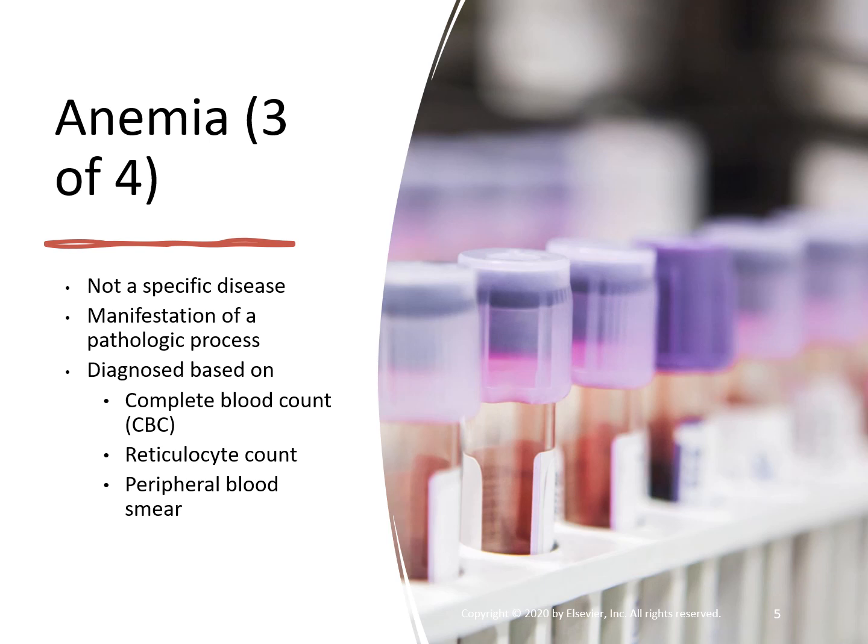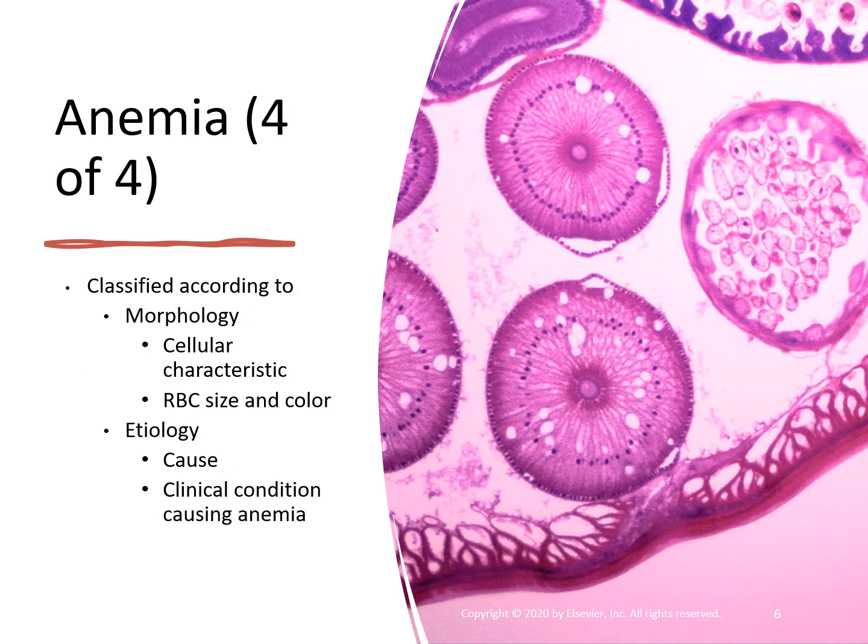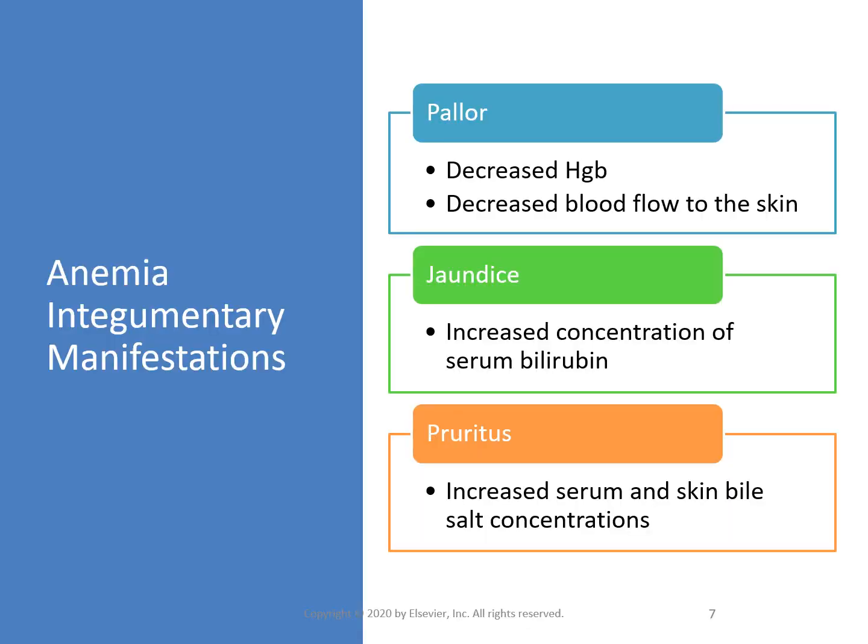The reticulocyte count and the peripheral blood smear, those are diagnostic procedures used to diagnose. We look at the cell characteristic, what's the size of the red blood cell and what is the color. And then we also look at the cause of the anemia.